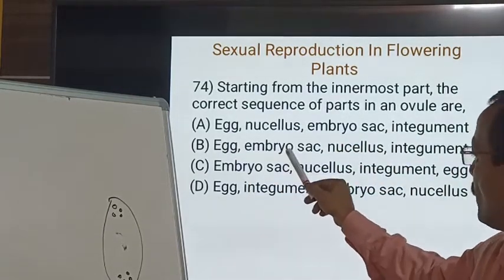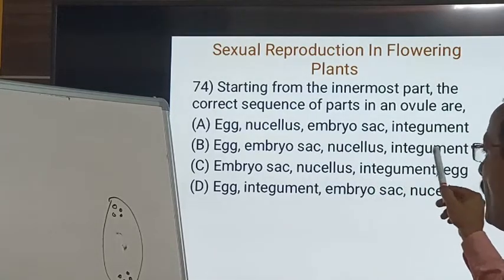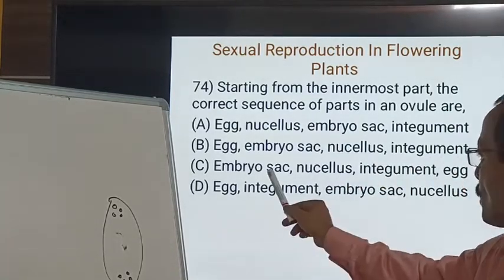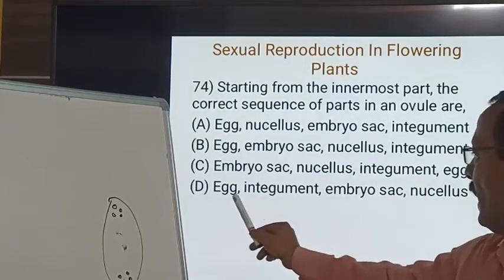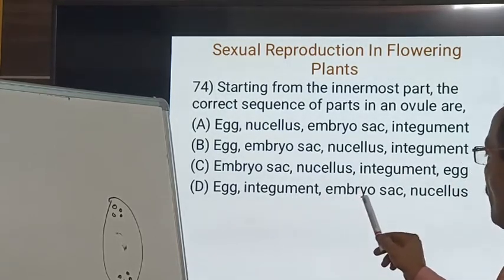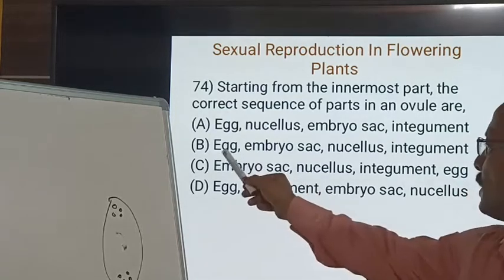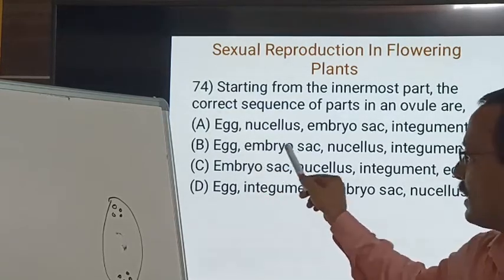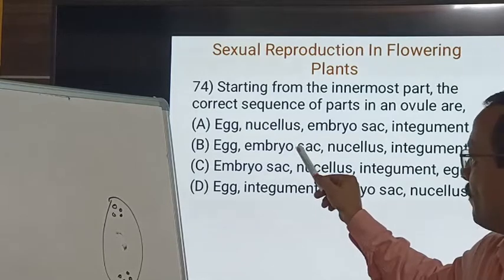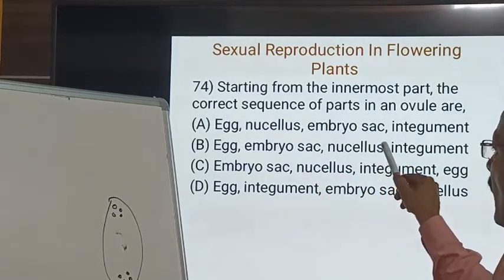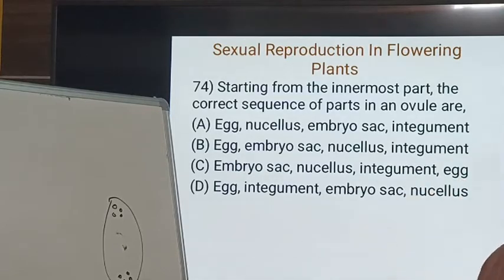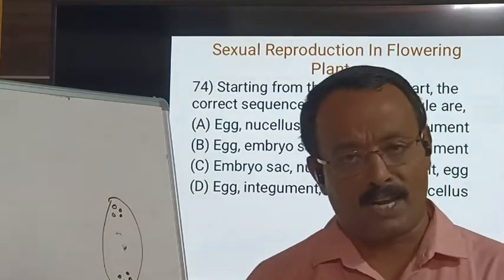Egg, embryo sac, nucellus and integument. Embryo sac, nucellus, integument, egg, no. Egg, integument, embryo sac, nucellus, no. The option is the second one. Egg is present inside the embryo sac and the embryo sac is embedded inside the nucellus towards the micropyle, and this nucellus is covered by 1 or 2 layers of integuments.